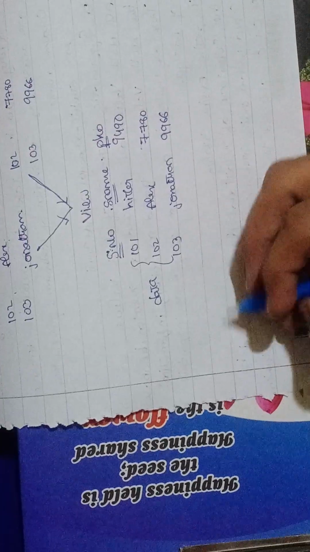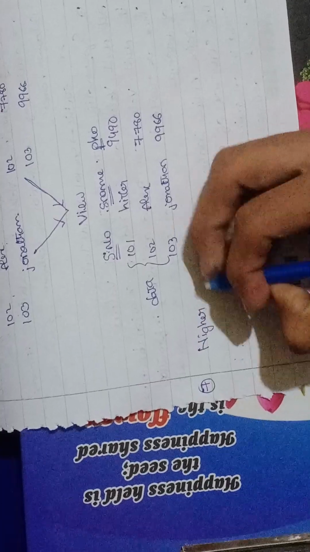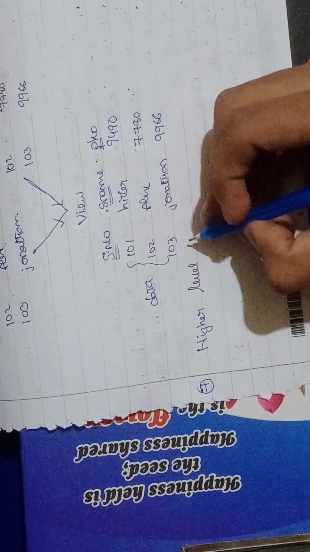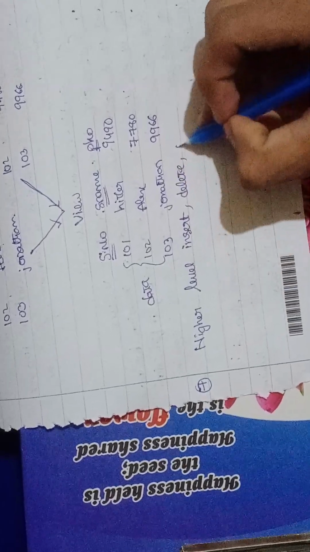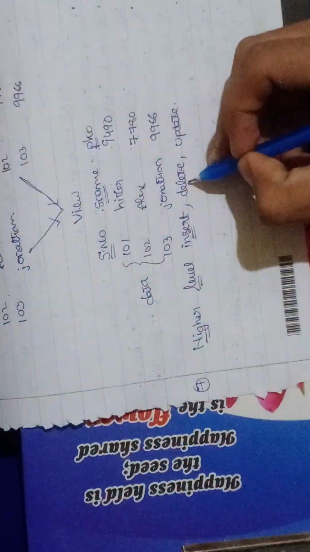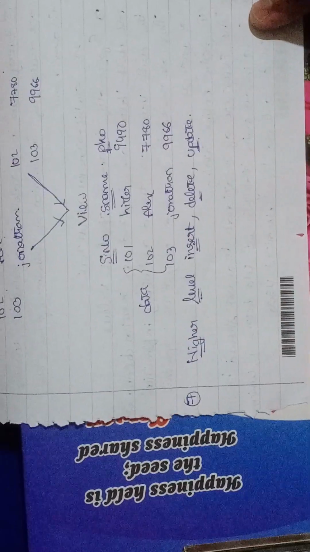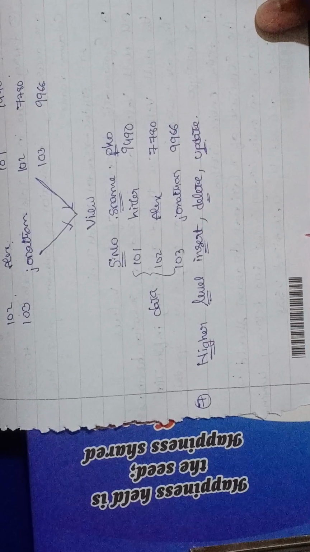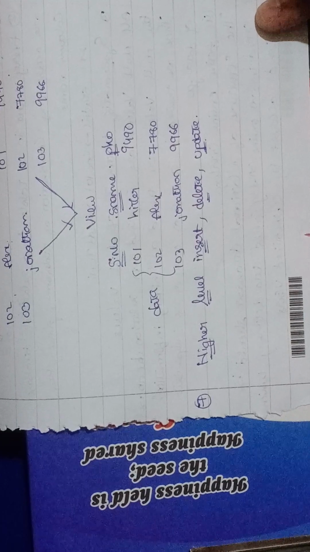We can go for the seventh rule. What is the seventh rule? Higher level inserting, deleting and updating. Codd tells the seventh rule is insert, delete and update. A single operation is sufficient to retrieve, insert, and delete or update a relational database.